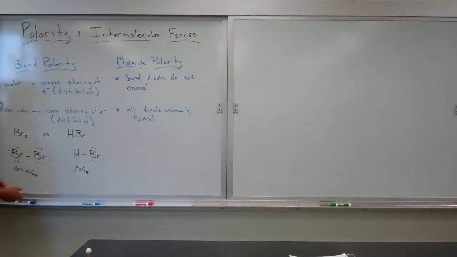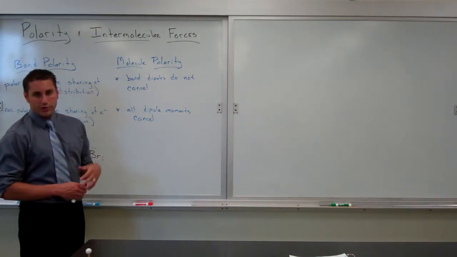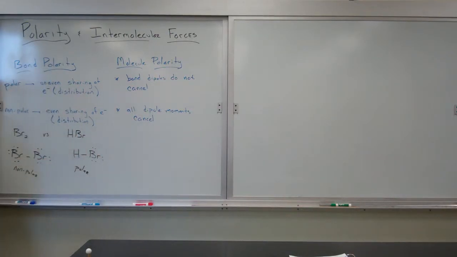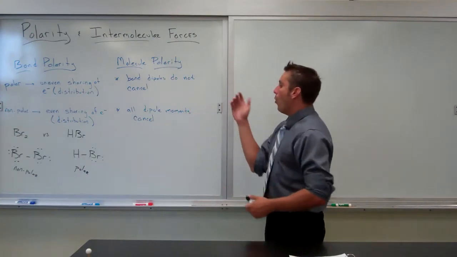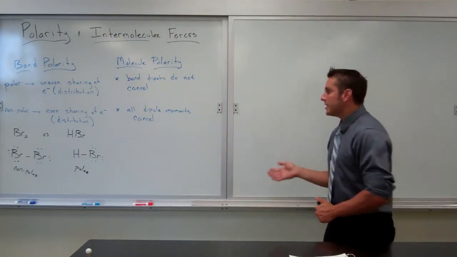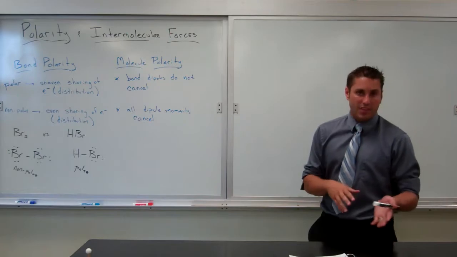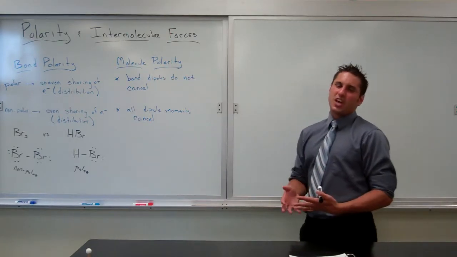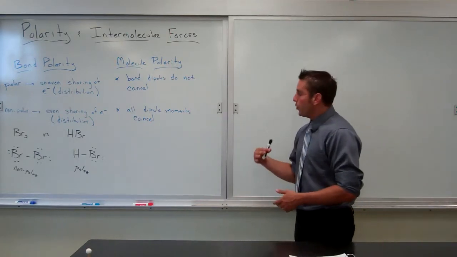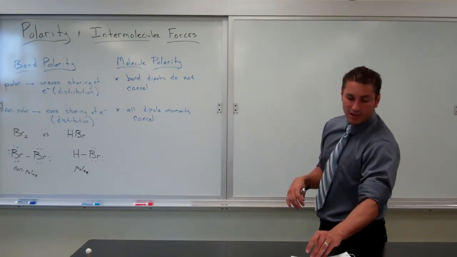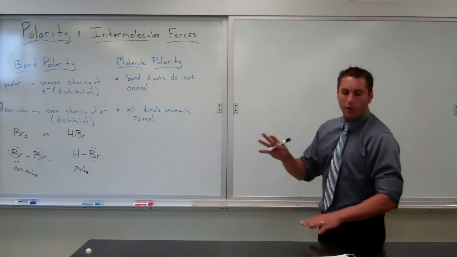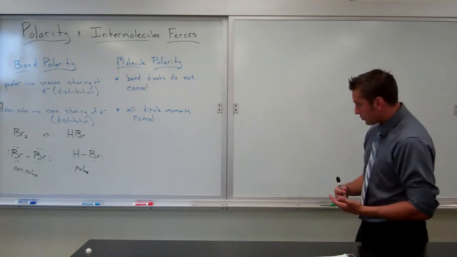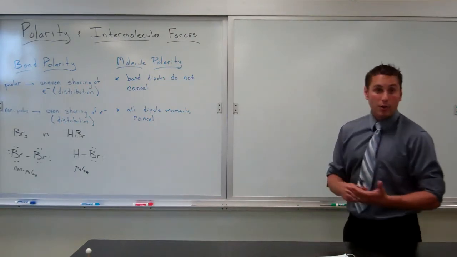So this one is a little bit trickier to figure out, right? The reason being, it's not as simple as looking at what it's bonded to, because sometimes if it's bonded to the same thing on the other side, they'll cancel each other out. So what we'll do is go through a series of different compounds and decide, are they polar, are they nonpolar, and how can we tell?